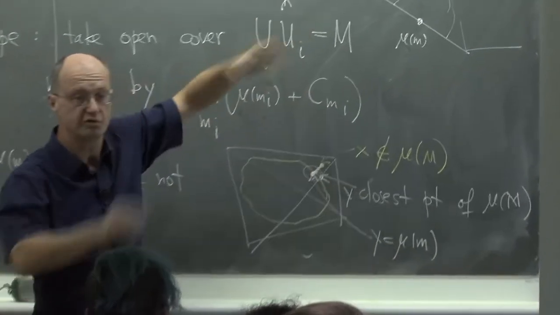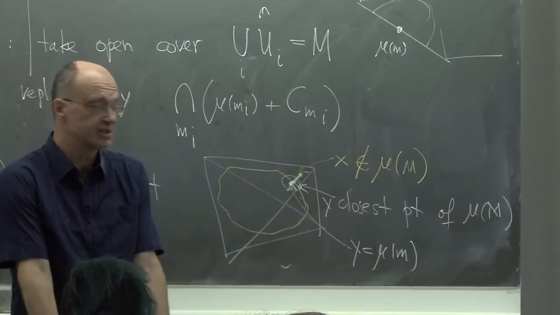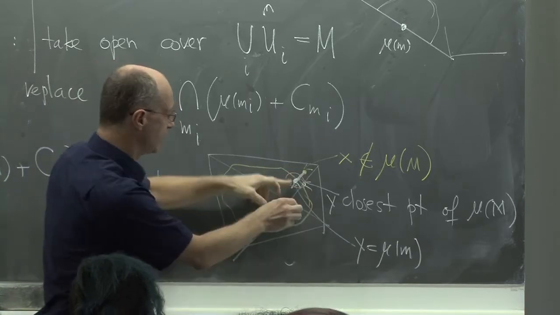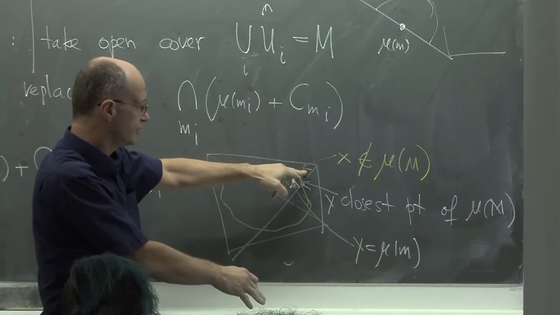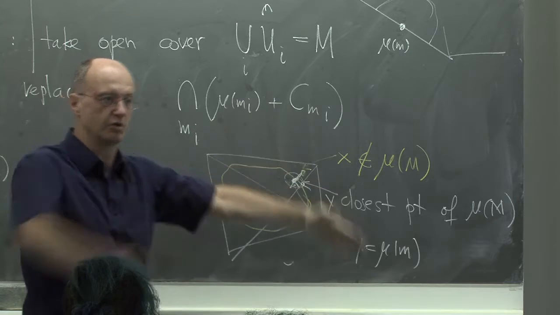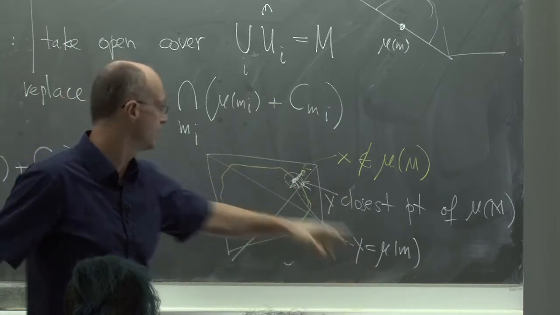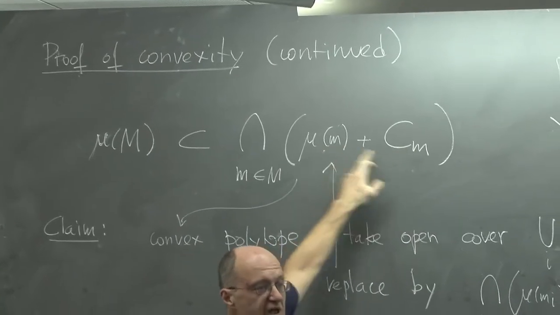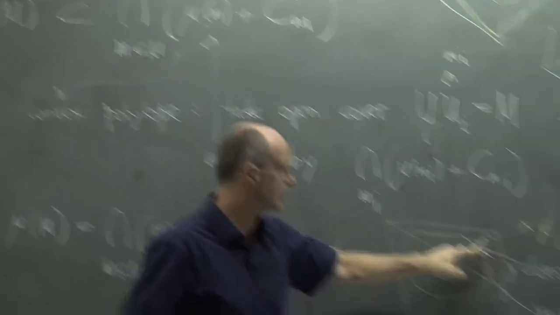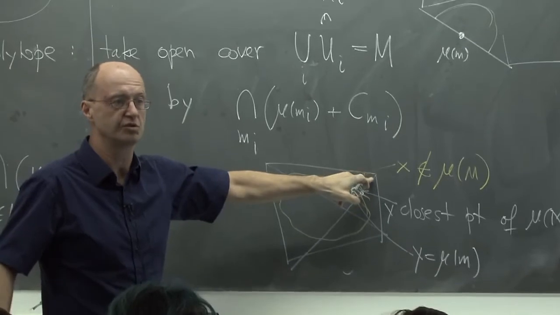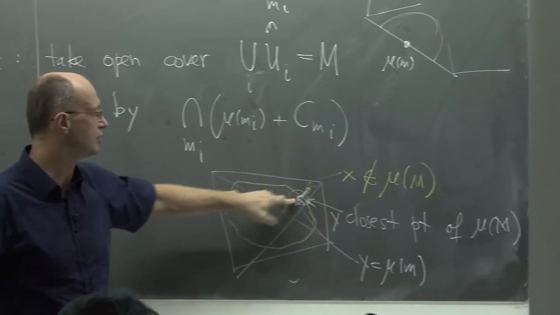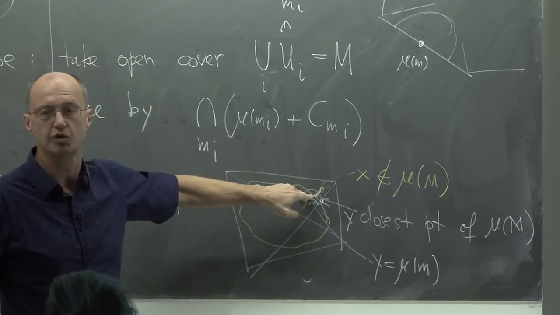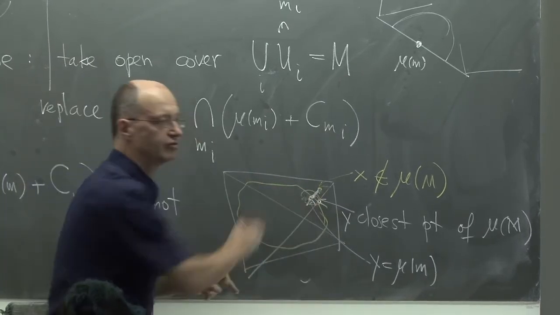But we know that mu of m is entirely inside this normal form, and so in particular this point does not belong to the corresponding cone. But this is a contradiction, because we said it was in the intersection of everything, so it has to belong there. So this is impossible. It's impossible to have a point outside this set, because it would not belong to the local normal form for the closest point.